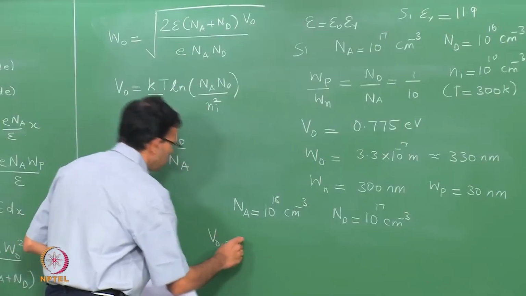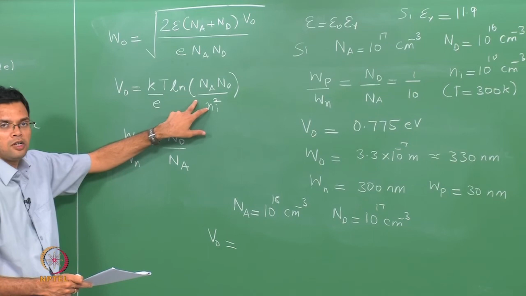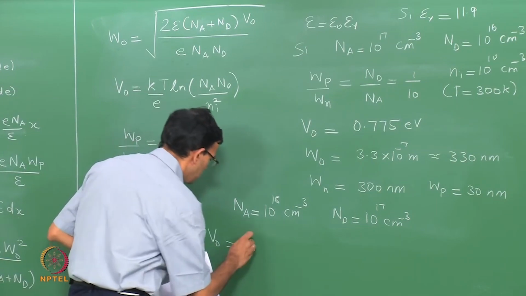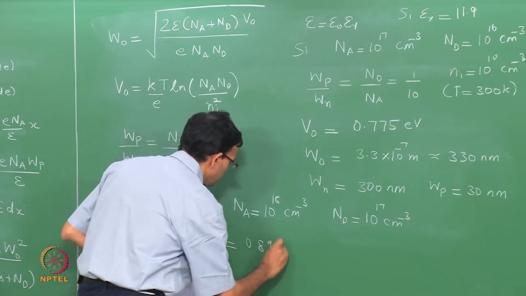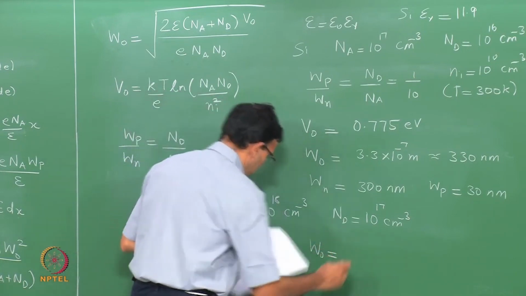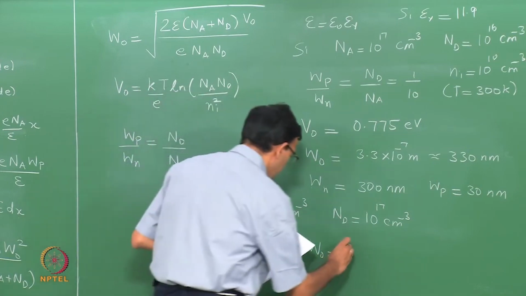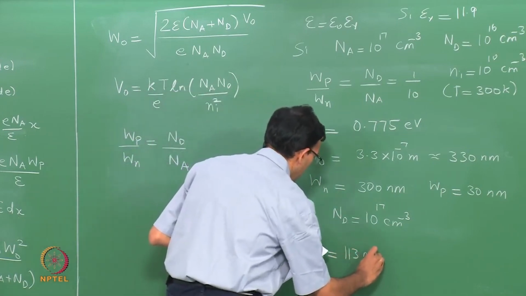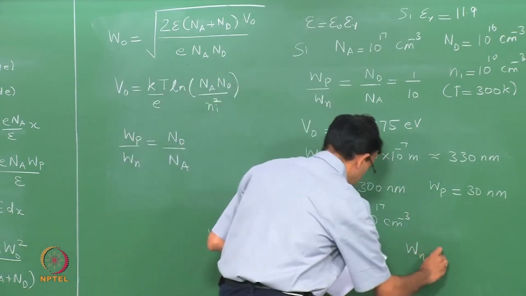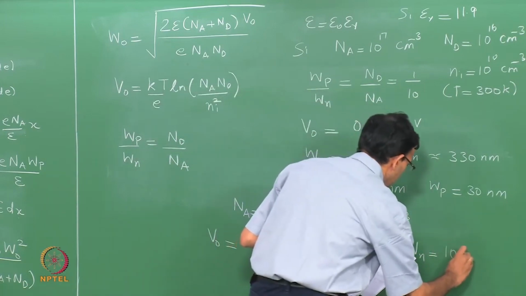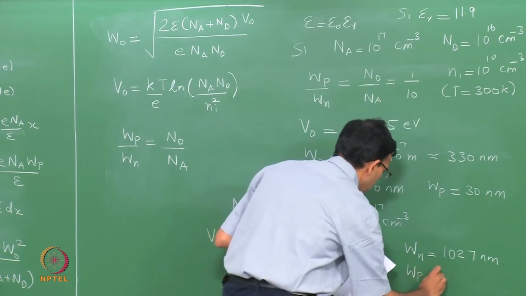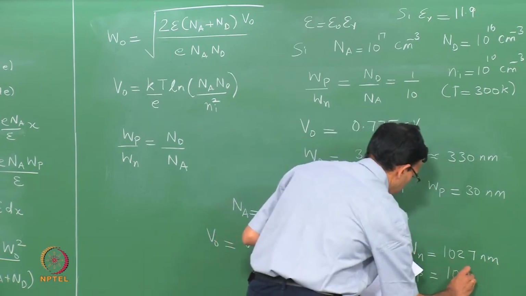V naught is also higher because V naught is related to Na times Nd. The potential V naught is around 0.89 volts. The total width is lower, W naught is around 113 nanometers, and once again the width on the N side is 102.7 and the width on the P side is 10.3.